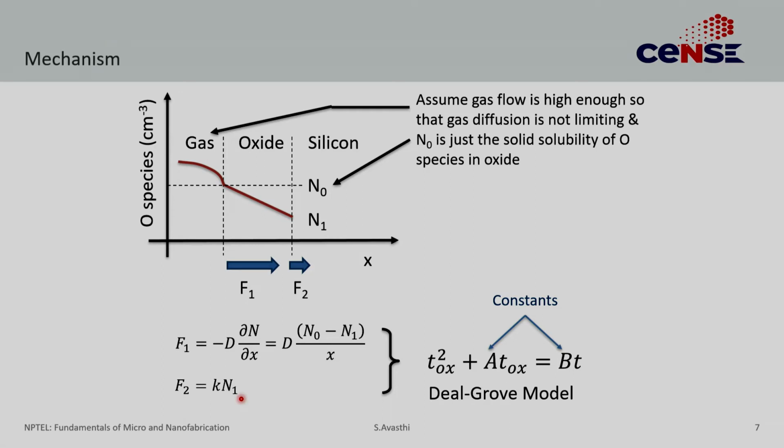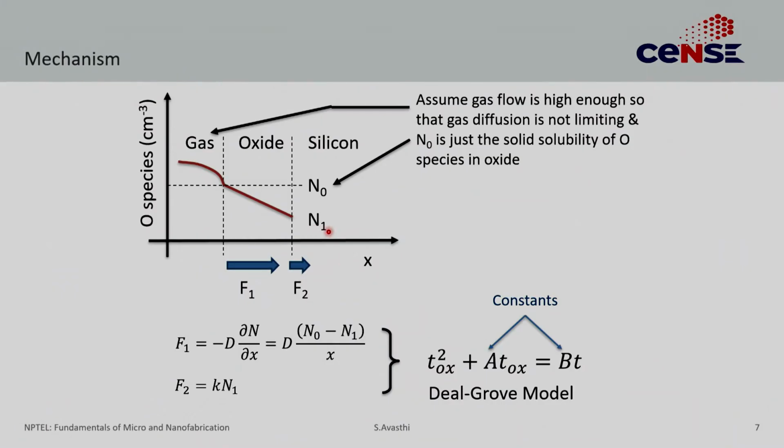There is a silicon lattice there. There are literally 10^22 silicon atoms sitting on the surface. The problem is not availability of silicon, the problem is availability of oxygen species. So the reaction rate does not depend on the concentration of silicon, it depends upon the concentration of oxygen. And what is the concentration of oxygen at the interface? It is N1. So this flux F2 is nothing but the reaction rate constant K times N1.